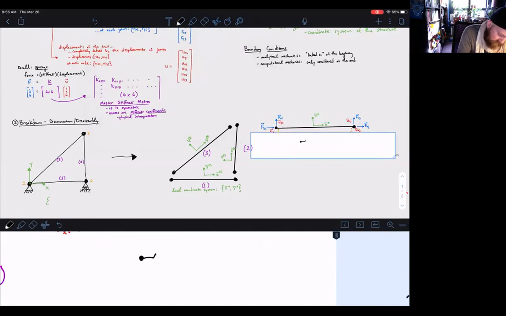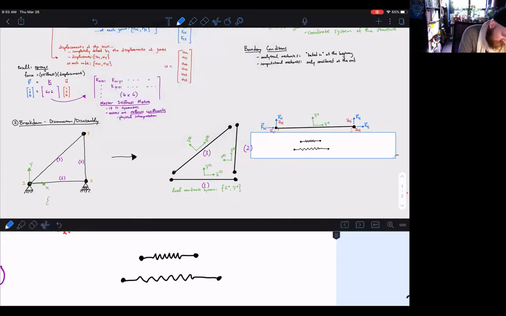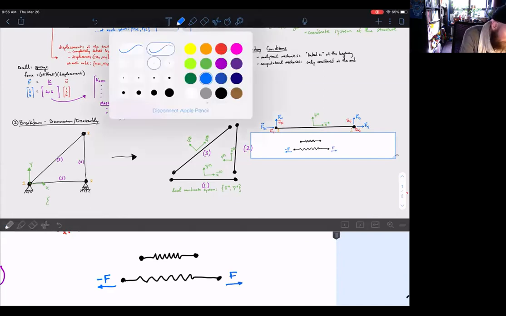If you think about just a linear spring, and we take this and we stretch it out due to the application of some force, then we know that there's going to be a corresponding displacement.